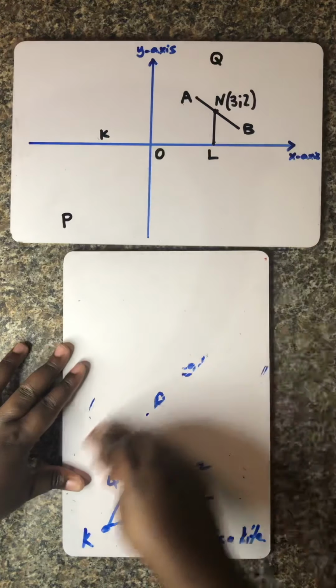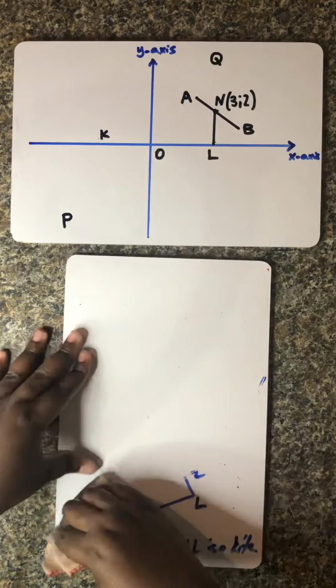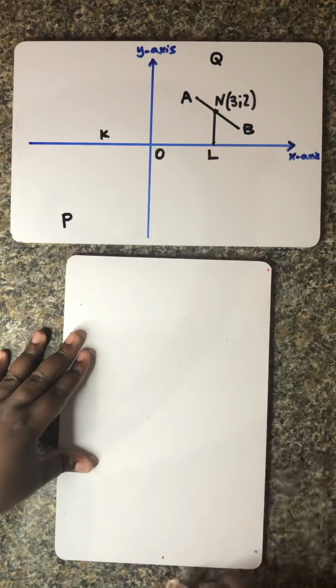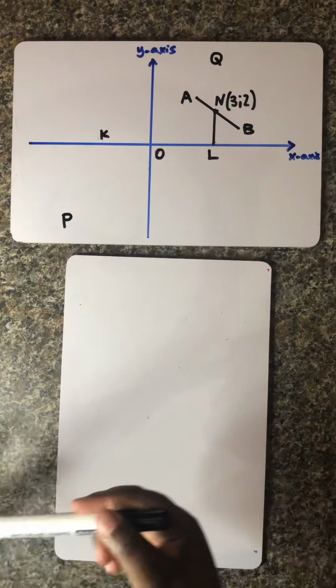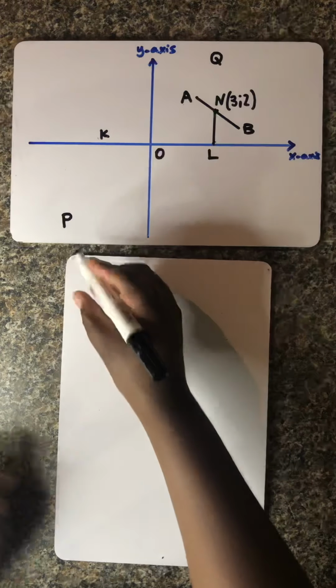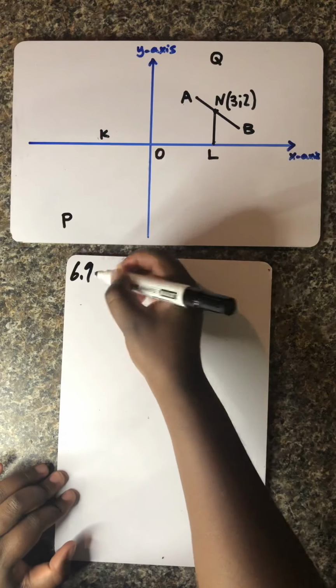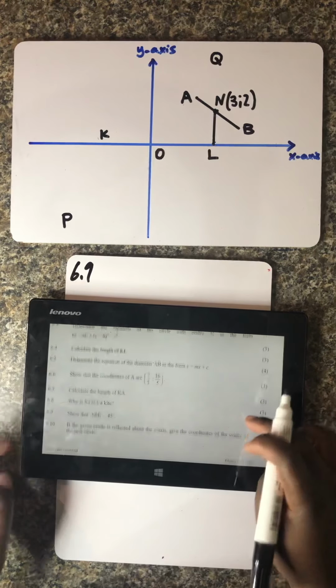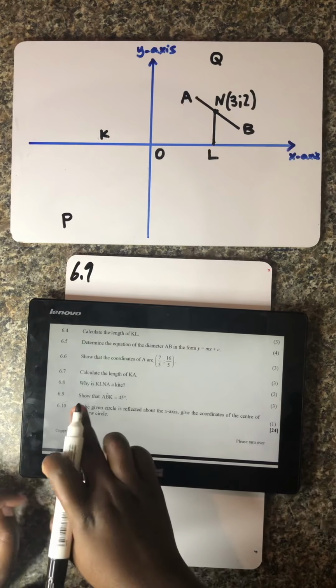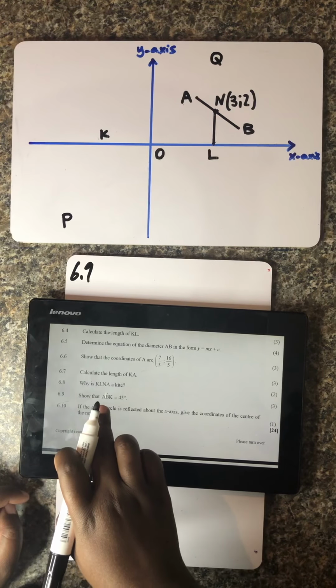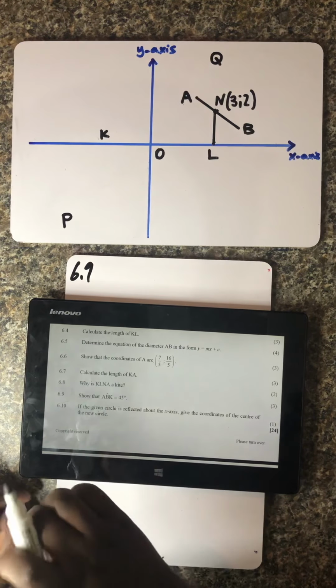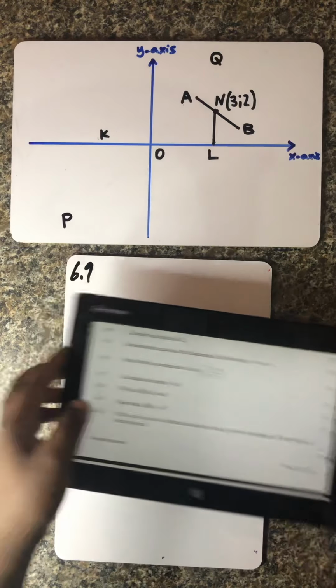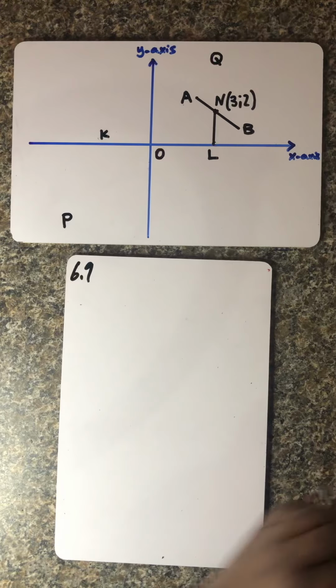So let's now move to question 6.9. Remember, ladies and gentlemen, this lesson will be available as soon as we're done, so you can still catch up. Let's check an interesting question. They say, show that in triangle ABK, angle B is equal to 45 degrees.